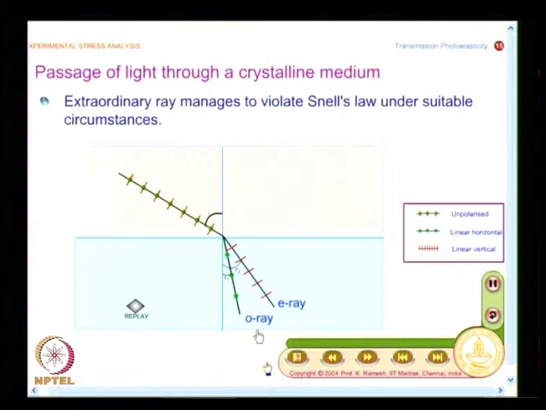but within the medium, because the medium does not end here, it ends only here, within the medium I find the rays are polarized, that is represented by only straight lines in this and only dots in this, and the planes of polarization are mutually perpendicular.